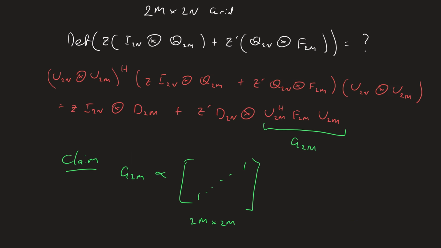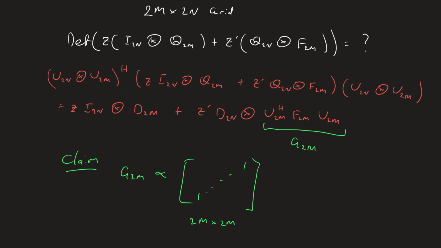While we initially looked at the special case of a 2 by 4 grid, it turns out that the expression we arrived at for the generating function that will tell us the number of tilings extends immediately to the more general case of a 2m by 2n grid. We are interested in computing the determinant of this expression here, that is the sum of two terms.